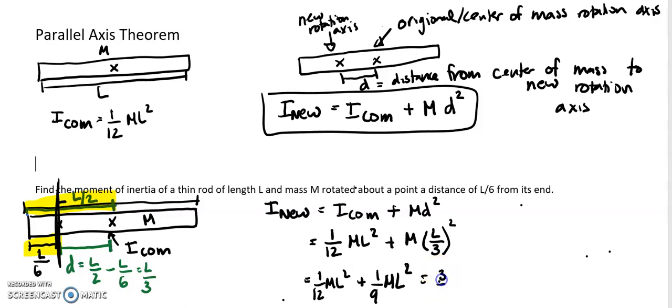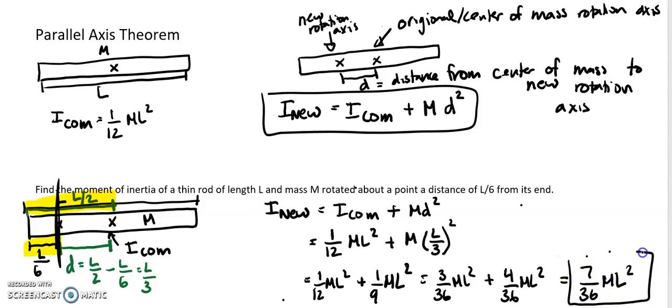So this is going to be 3 over 36 mL squared plus 1/9, which will be what? 4 over 36 mL squared. So we're left with 7 over 36 mL squared. Beautiful. And we know that 7 over 36 mL squared is greater than 1/12 mL squared. So we're increasing the moment of inertia if it's rotated a distance farther from its center.